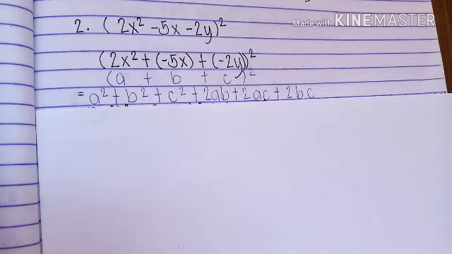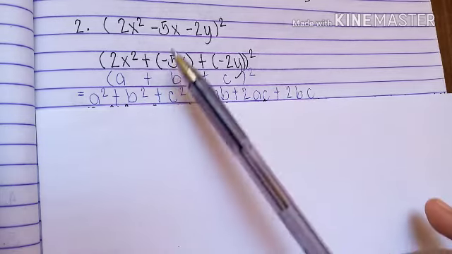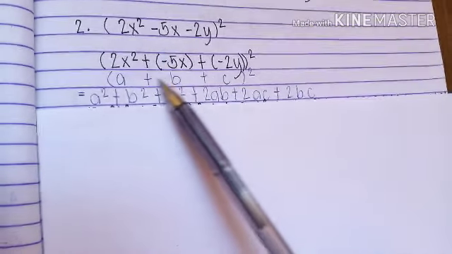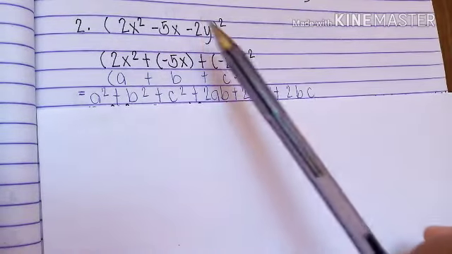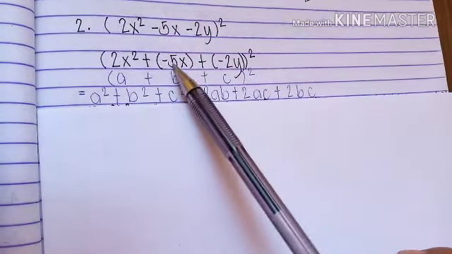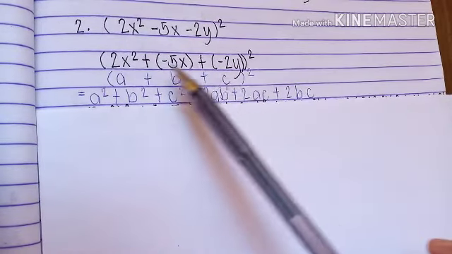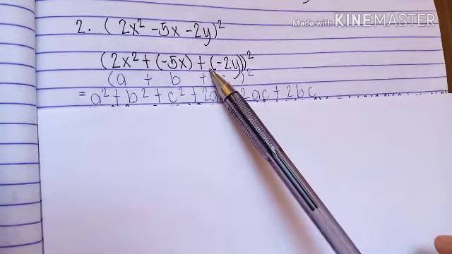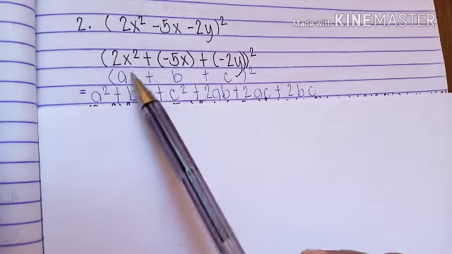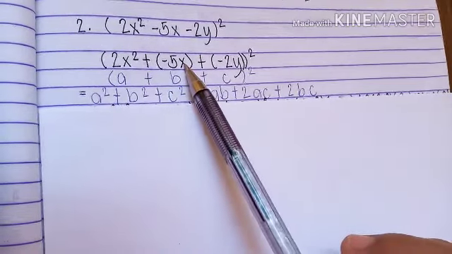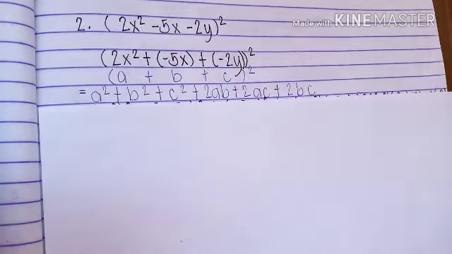Let's have example number 2. Now as you can see here, we have 2 negatives. For us to follow the format that has been given, we're going to have to add negative 5x and negative 2y. So just put addition in between, and after that we have now your formula. We substitute into the formula the value of your a, which is 2x squared, b, which is negative 5x, and c, which is negative 2y.